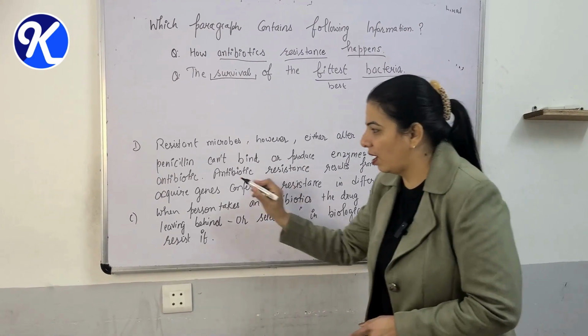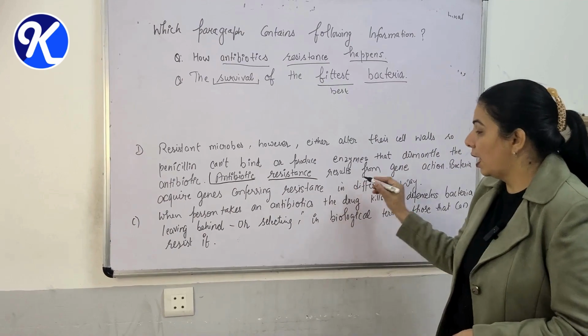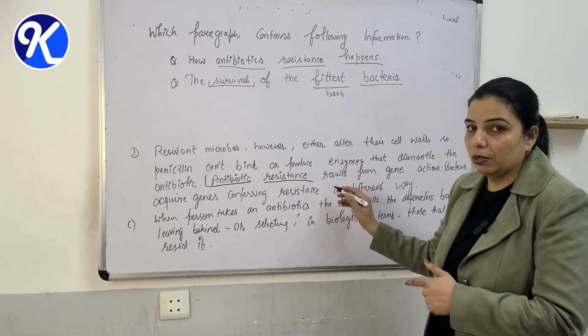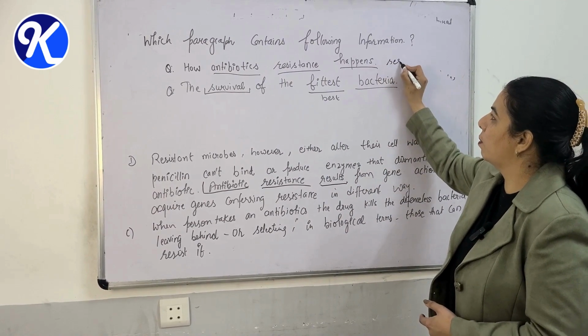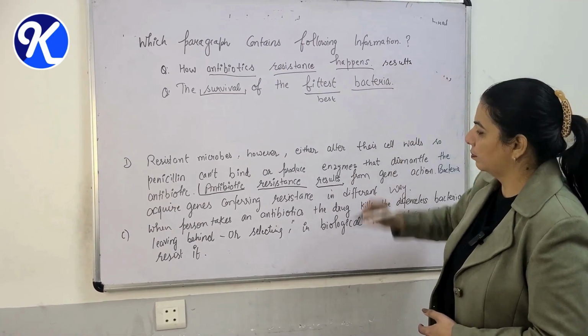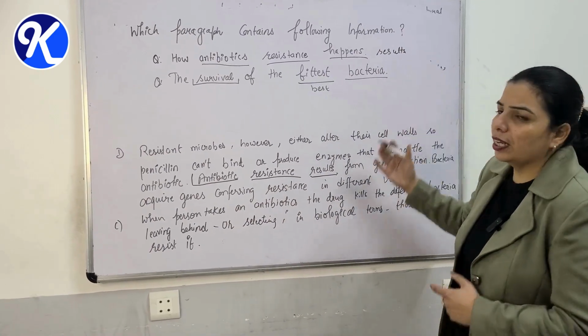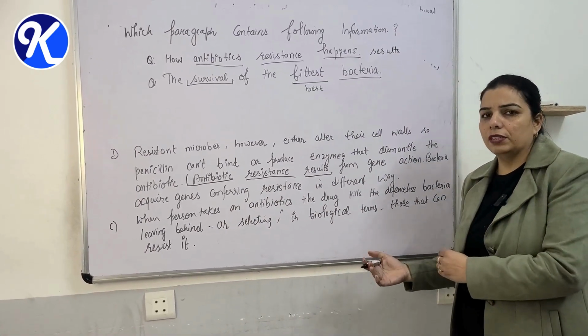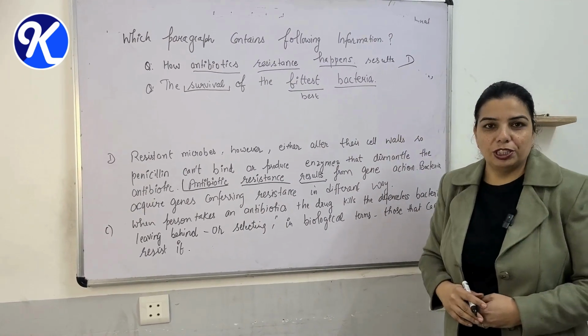Here is my answer. Antibiotic resistance happens, how it happens, means how it results. Result is the synonym of this happen. So three keywords in one line. Without thinking further, without reading further that what they are explaining, I will apply D to this question.